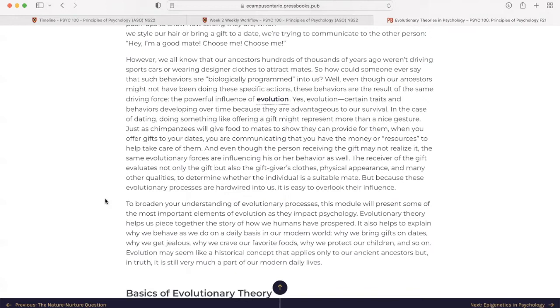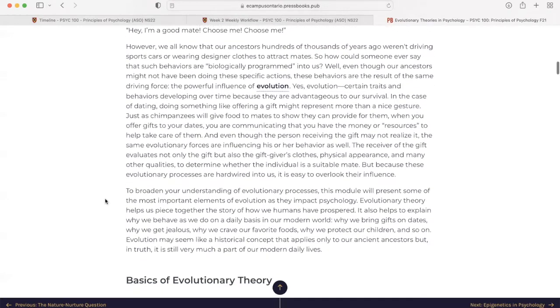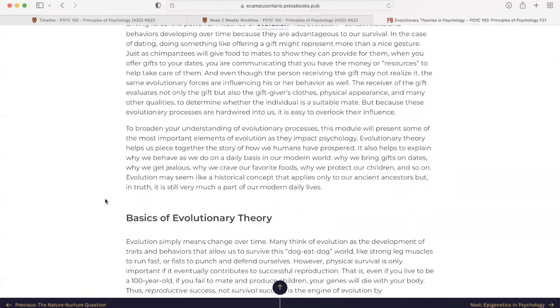In the case of dating, doing something like offering a gift might represent more than a nice gesture. Just as chimpanzees will give food to mates to show they can provide for them, when you offer gifts to your dates, you are communicating that you have the money or resources to help take care of them. And even though the person receiving the gift may not realize it, the same evolutionary forces are influencing his or her behavior as well.